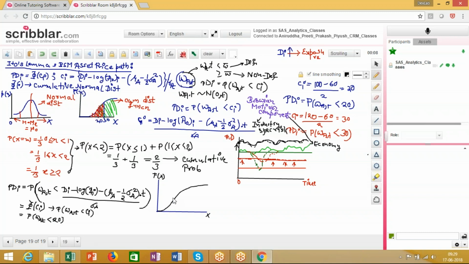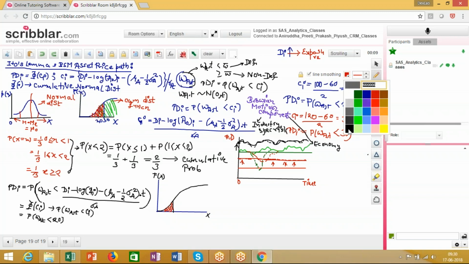Say this is 20 over here. Therefore, the probability of the borrower to default will be the area under this curve. This will be the probability to default, the area under this curve.